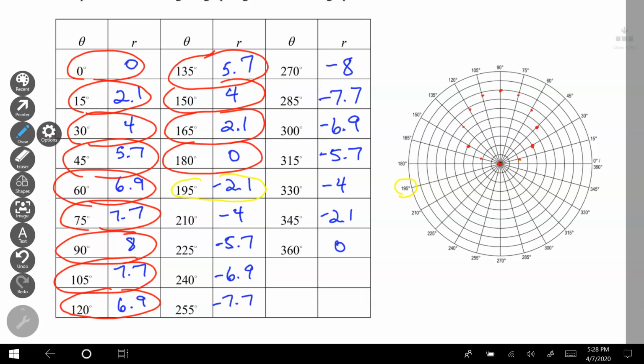I have to go backwards, and guess what? It's right over that red dot that we had before. 210, negative 4. Well, here's 210, and back negative 4 is again over that red dot. And you can see all of these for the second half are going to be over the red dots.